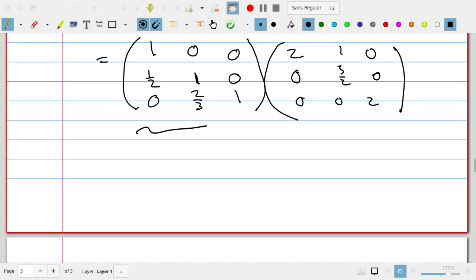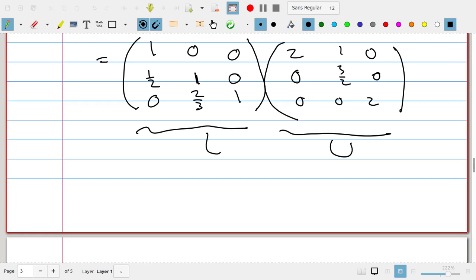So this is my L and this is my U. Notice that I've managed to break up A into the product of a lower triangular matrix and an upper triangular matrix.